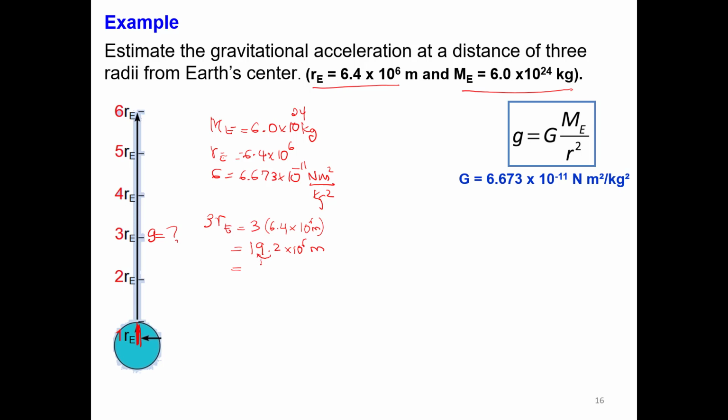If we move one decimal place to the left, we need to add 1 to the exponent. Then this is 1.9, writing with 2 significant digits, yes, this is a constant value, we don't take that into account. This is 1.9 10 to the power 7 meters, and this is the distance. In this case, it's not just the radius of the Earth, it's 3 times the radius of the Earth.